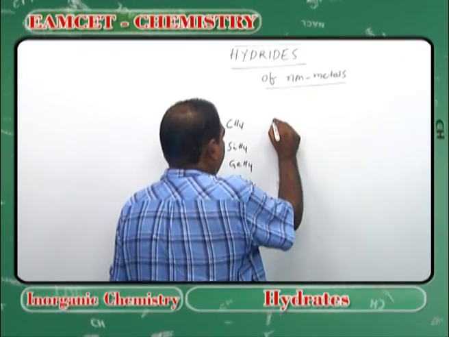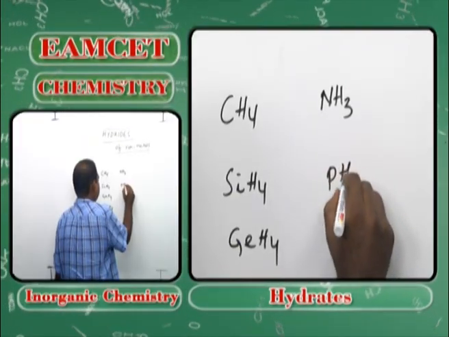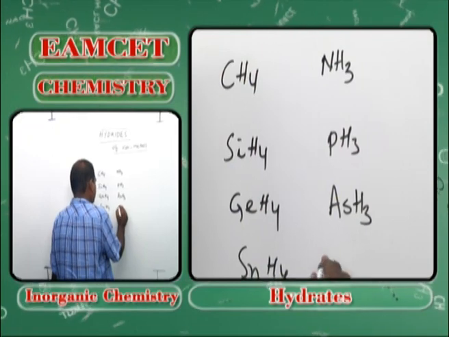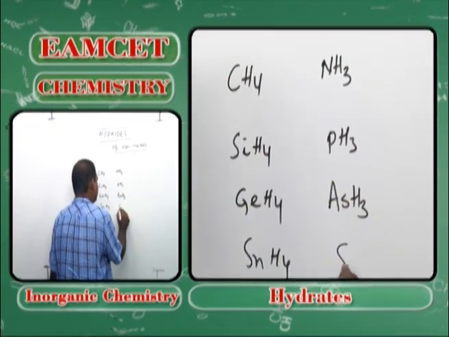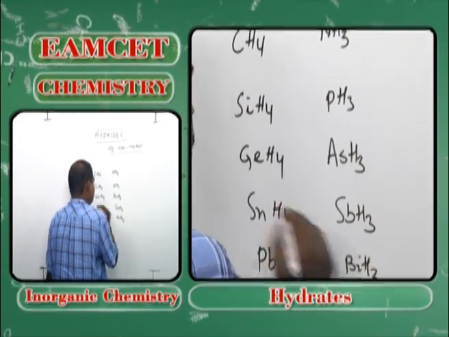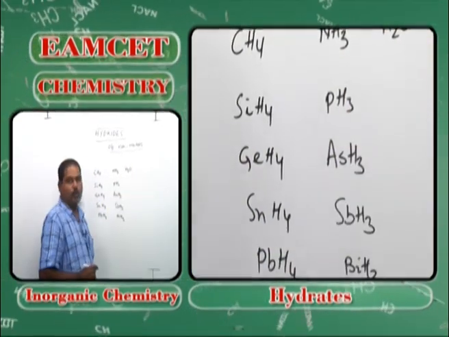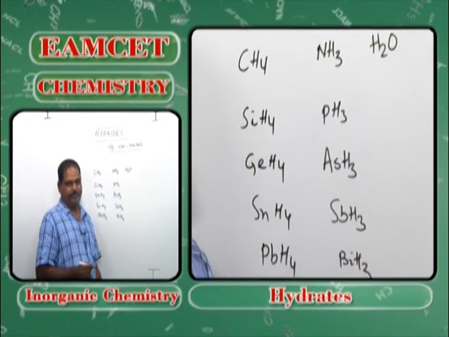And hydrides of the fifth group: NH3, PH3 phosphine, AsH3 arsine or arsane, stibine, bismuthine. And the hydrides of the sixth group: H2O, it is water. No point in calling it oxane.